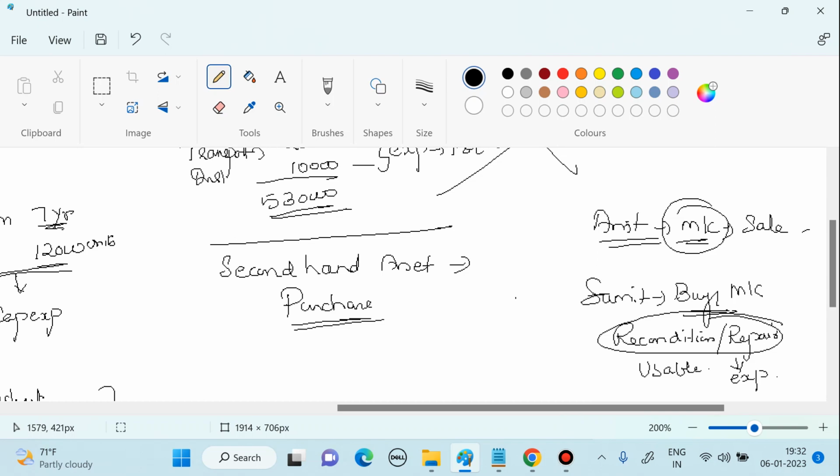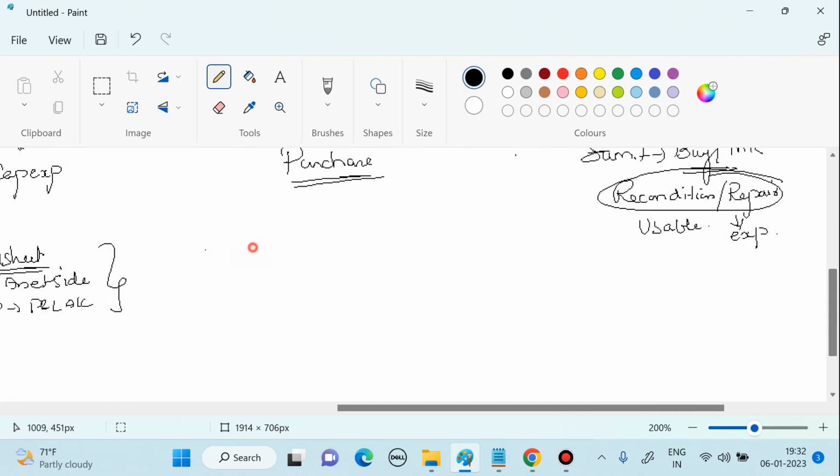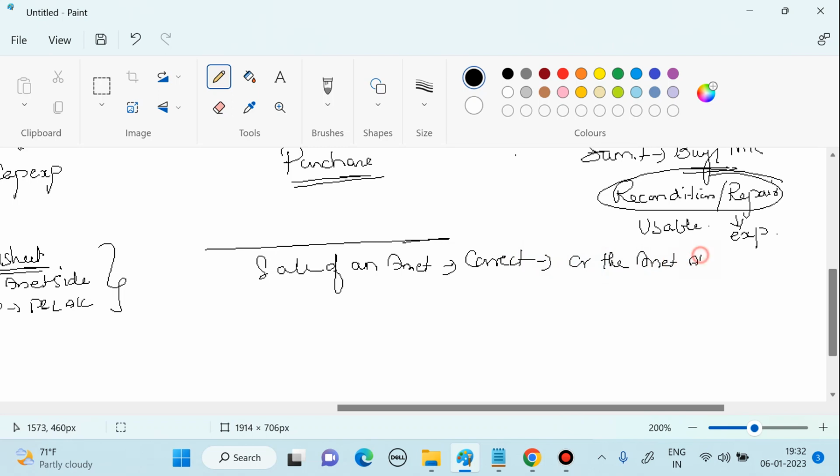Similarly, when you sell an asset at that time, what are you supposed to do? You are supposed to credit that particular asset account. So next example is sale of an asset. What is the correct treatment? You should credit the asset account.